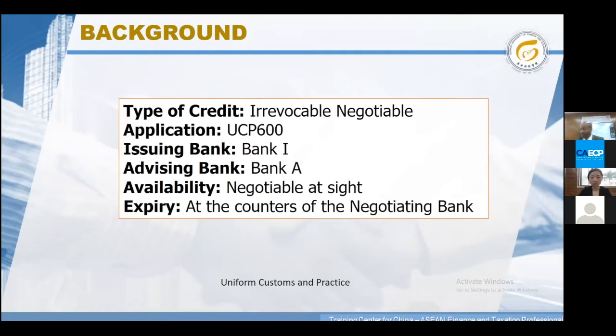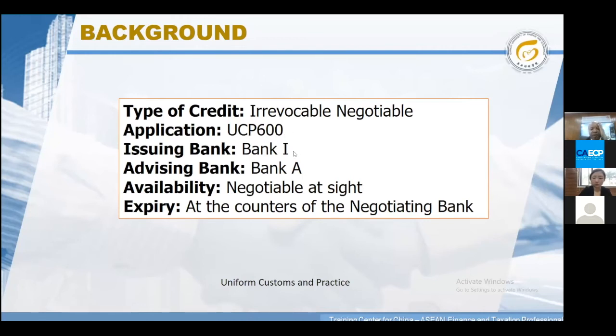But you can, if the beneficiary accepts, and there is a huge step that you should take to make that happen. It doesn't happen automatically. So it's irrevocable, negotiable, and it uses what we call Uniform Customs and Practice 600.